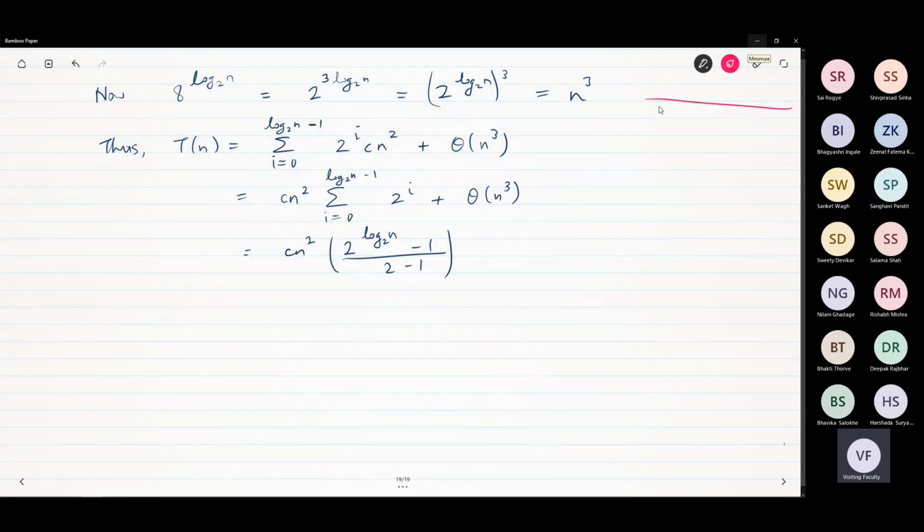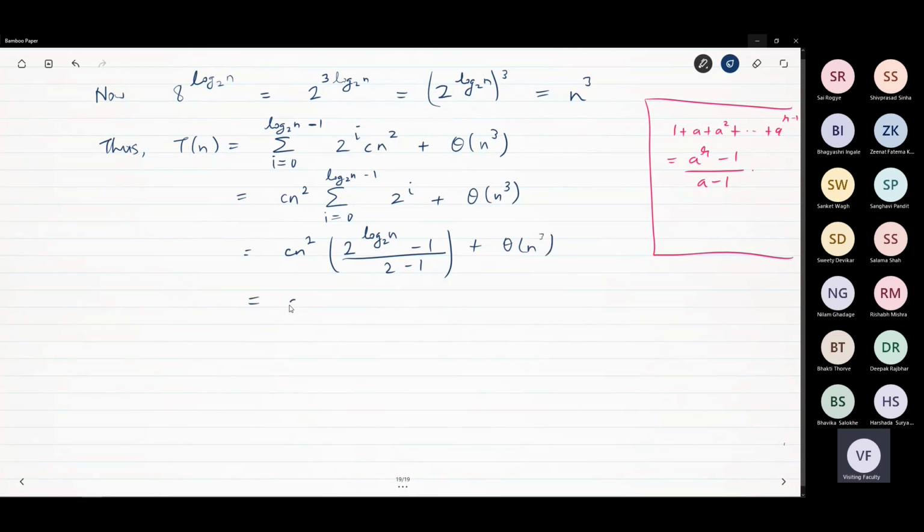Let me remind you. 1 plus a plus a square up to a raised to r minus 1 is equal to a raised to r minus 1 by a minus 1. Is that okay? Yes, sir. Thank you. Plus theta n cube.